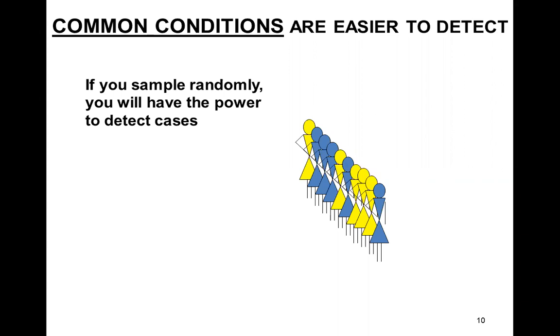So let's say here, if I'm just doing a random sampling, I've got 2 blue women, I've got a yellow woman, I've got another yellow woman, and then I've got a blue woman.